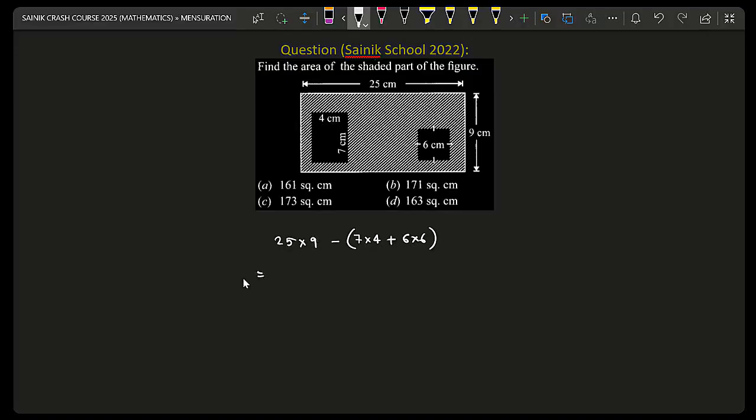What is 25 into 9? So 9 you can split as 10 minus 1, right? Use distributive property. 25 into 10 is 250. 25 into 1 is 25. Subtract 250 minus 25, you'll get the answer easily. So 250 minus 25 is 225.